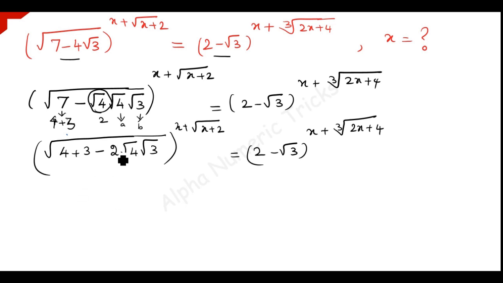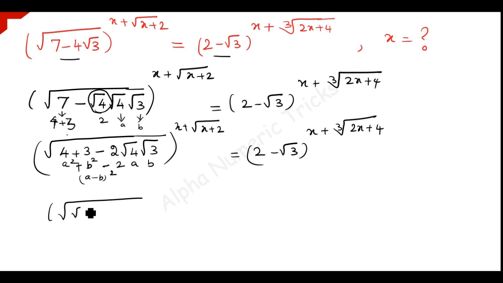Now, we can write this as square root of, here you have A squared and B squared, and 2AB. Okay, this is A squared and this is B squared, and here this is A and B. So here you have a minus, so you can write this as A minus B, whole squared.